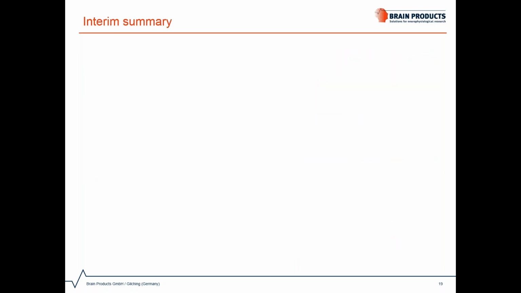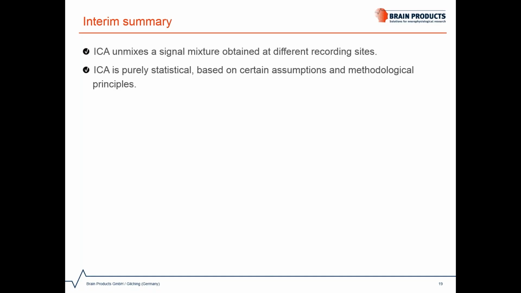Now we're finished with the first part and learned a lot about ICA theory. Let me give you a quick summary of what we discussed. ICA can unmix a mixed signal that was recorded from multiple sensors. ICA is a purely statistical method, and we learned about its assumptions and methodological principles.